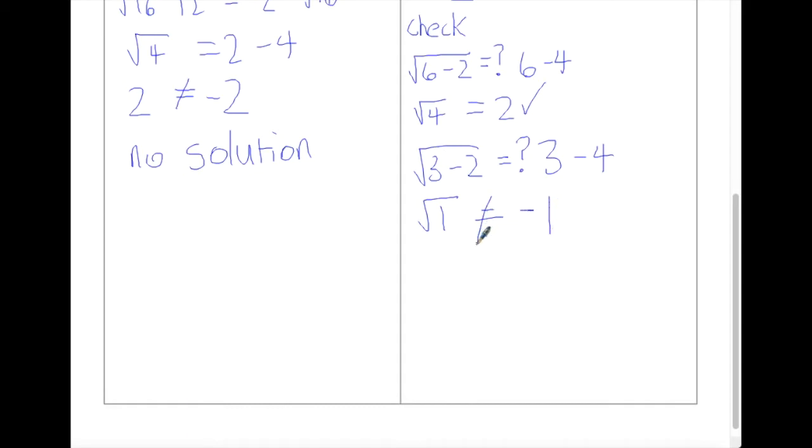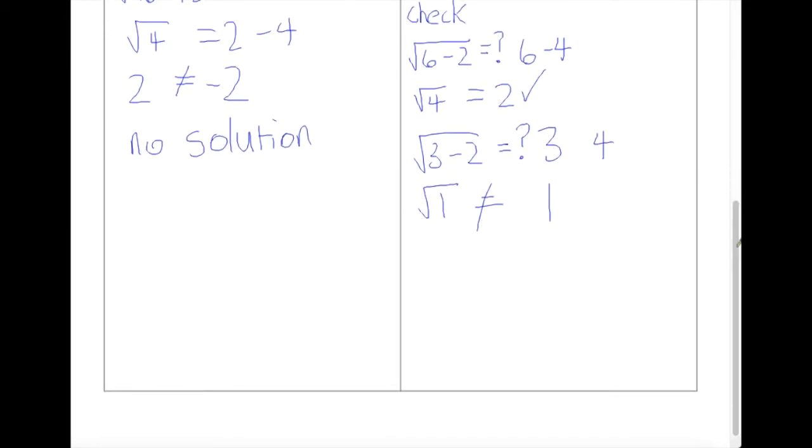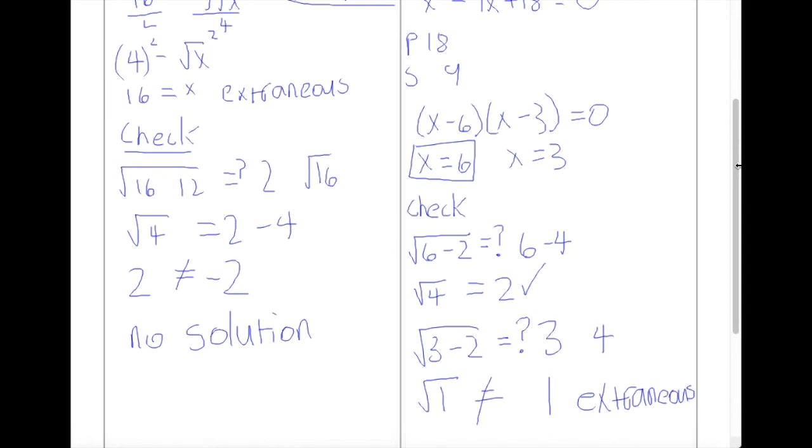So these are not equal. So this solution is extraneous. Meaning x equals 6 is a solution and this one is not.